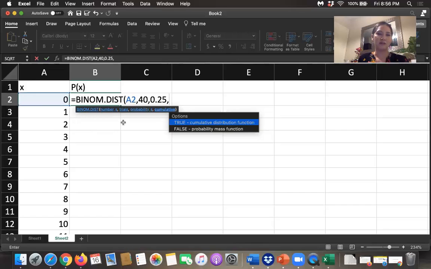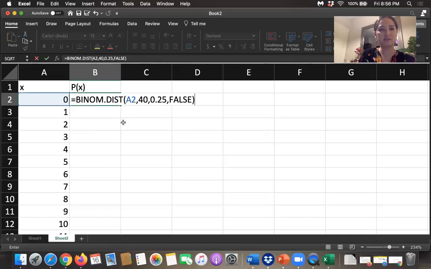So with cumulative probabilities, you'd be looking at the probability of x successes or fewer successes than that. So you'd be adding up all of the probabilities on this list for that x value and all the probabilities before it. That's not what we want here, so I'm just going to say false. I don't want a cumulative distribution, I just want the probability distribution for a binomial distribution.